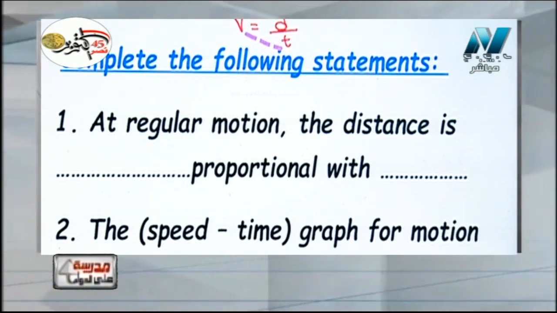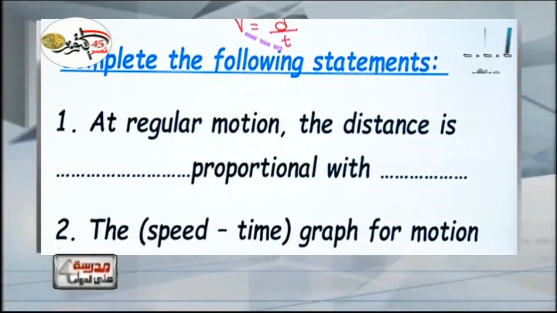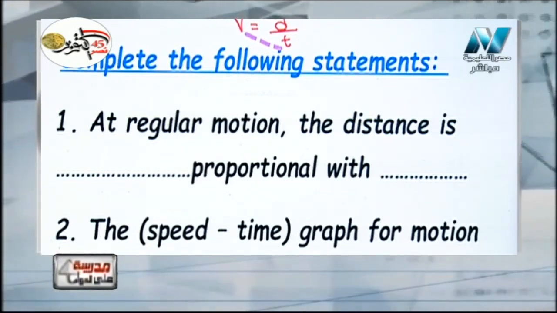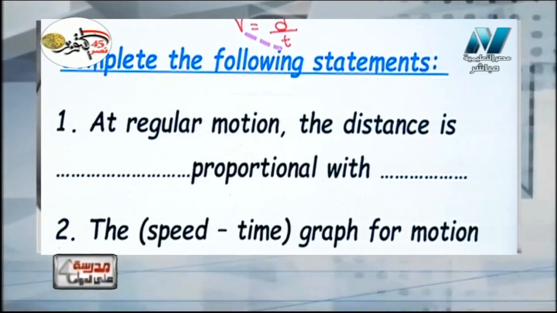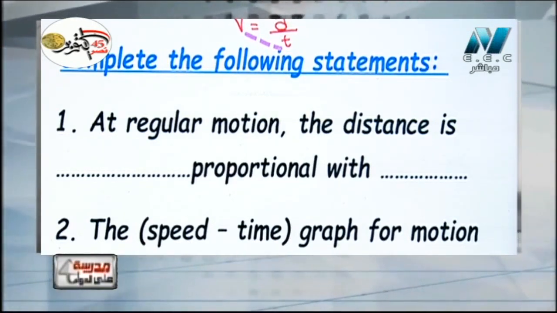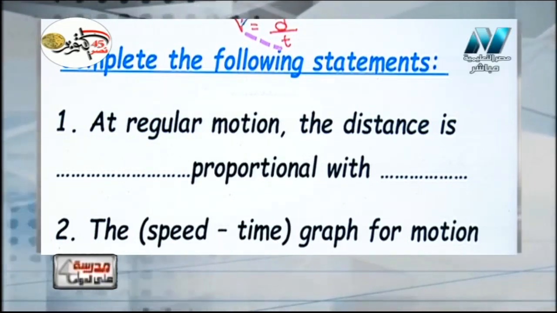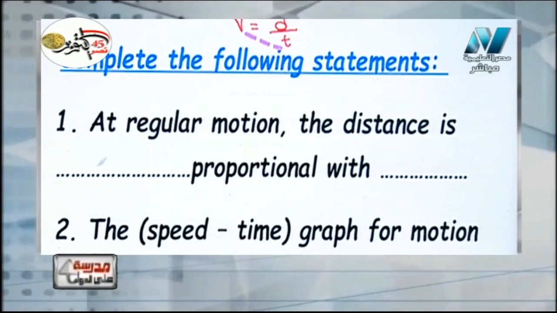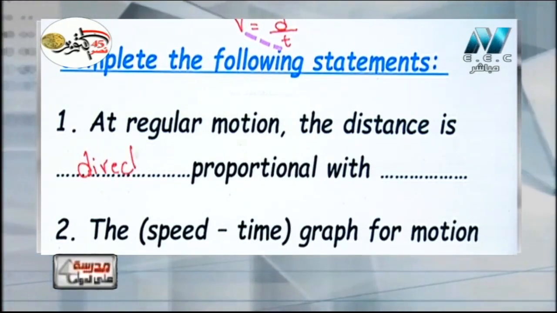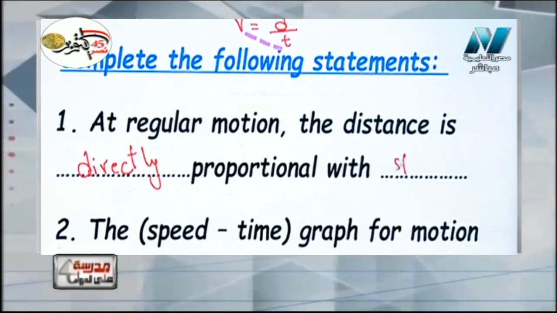So the relation between speed and distance is directly proportional, which means if the speed increases, the distance will increase also. Of course, the faster I walk, the greater the distance I cover. So the distance is directly proportional with speed.